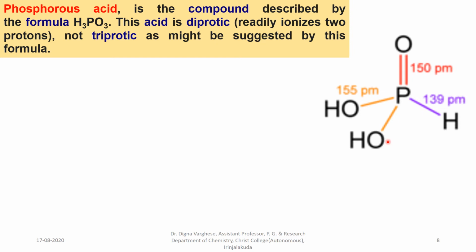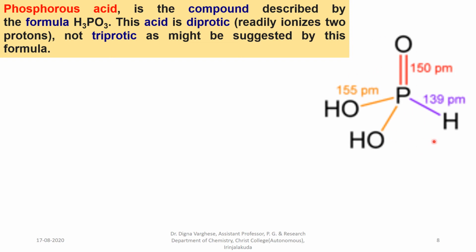If it reacts with potassium hydroxide or any alkali metals, it will give the corresponding potassium salts, having the formulas KH2PO3 and K2HPO3 respectively.